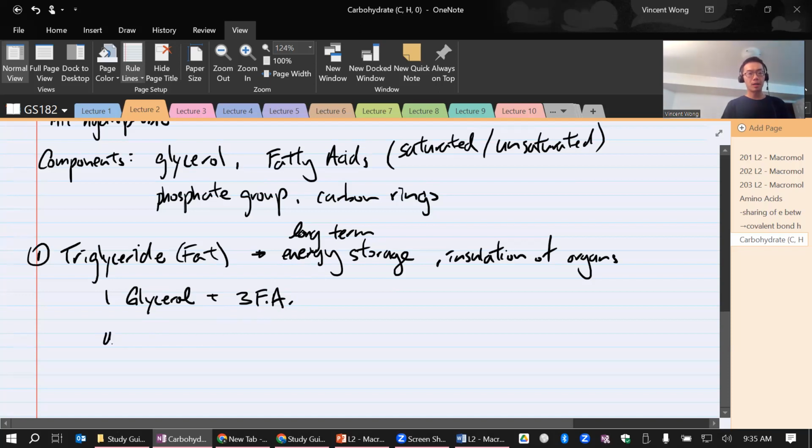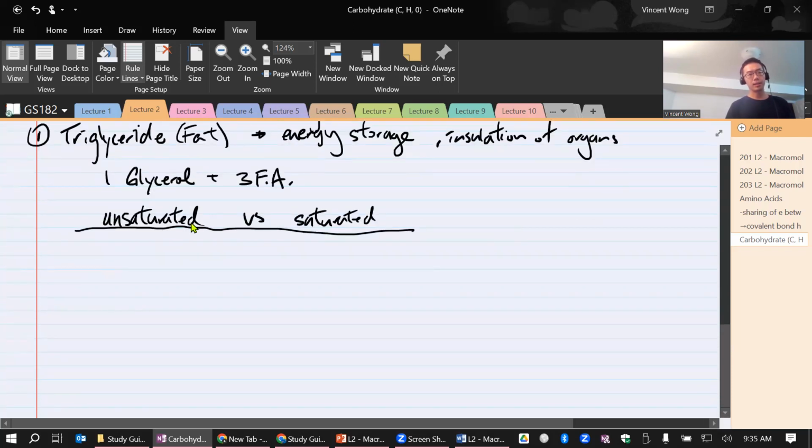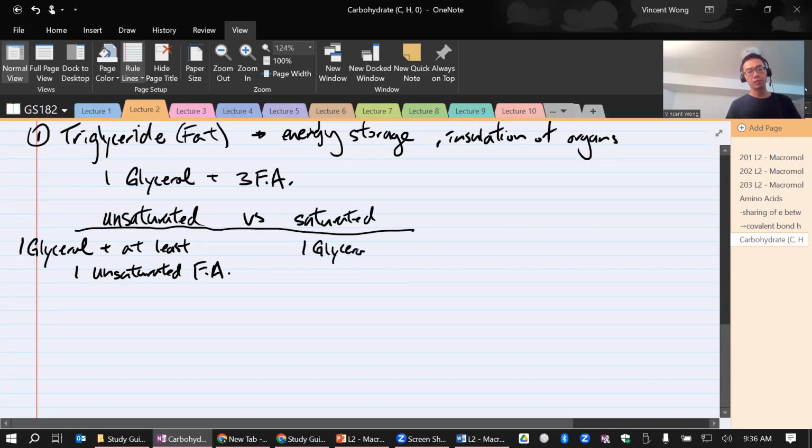Okay, now we also talk about unsaturated versus saturated fat. So let's take a look. In terms of the structure, for unsaturated, it is 1 glycerol plus at least 1 unsaturated fatty acid. And over here is 1 glycerol plus 3 saturated fatty acids.